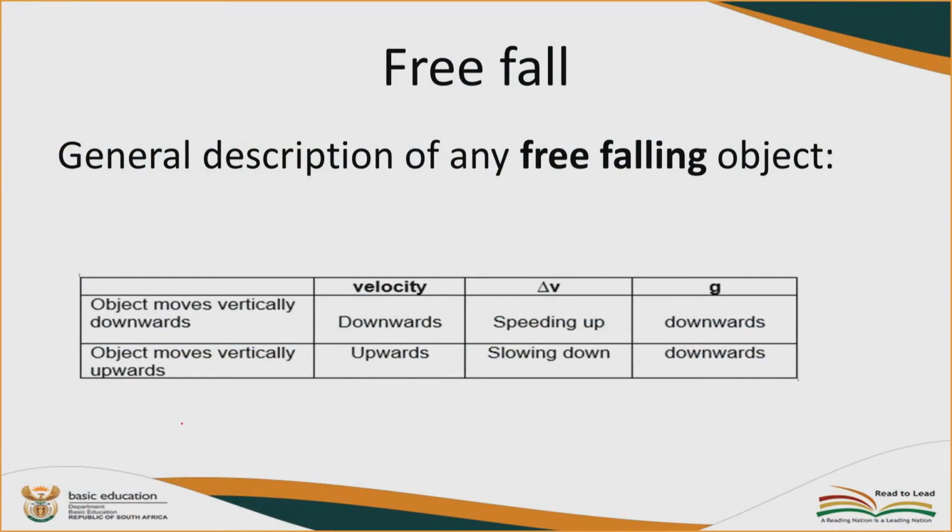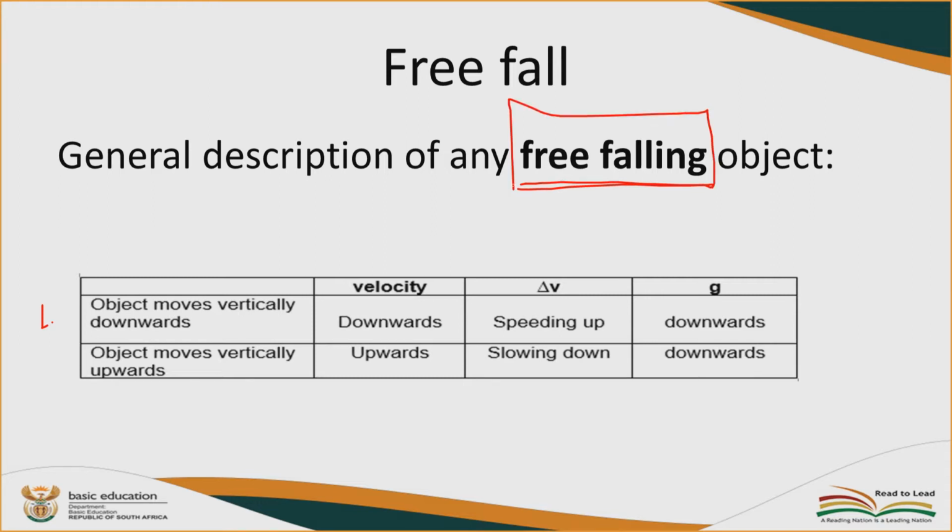Now, the general description of any free-falling object, whether that object is going up or down, matters less to us, as long as it is moving on a vertical plane. Let's first of all consider a case where the object moves vertically downwards, under the influence of gravity only, because we are saying the object is free-falling. So our attention is purely on free fall, right?